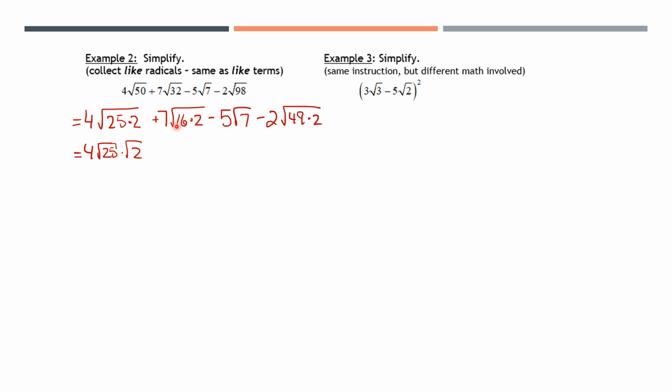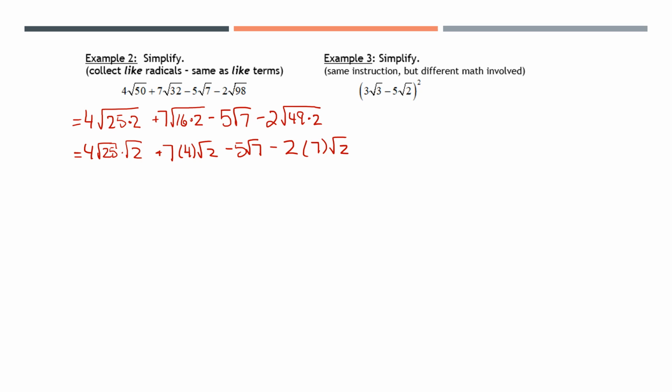I'm going to skip it here. So instead of writing out root 16 times root 2, I'm going to go ahead and take the square root of 16. The square root of 16 is 4, but then I still have a square root of 2. Minus 5 root 7, minus 2, and again I'm going to skip the step. The square root of 49 is 7, and square root of 2 is 2.